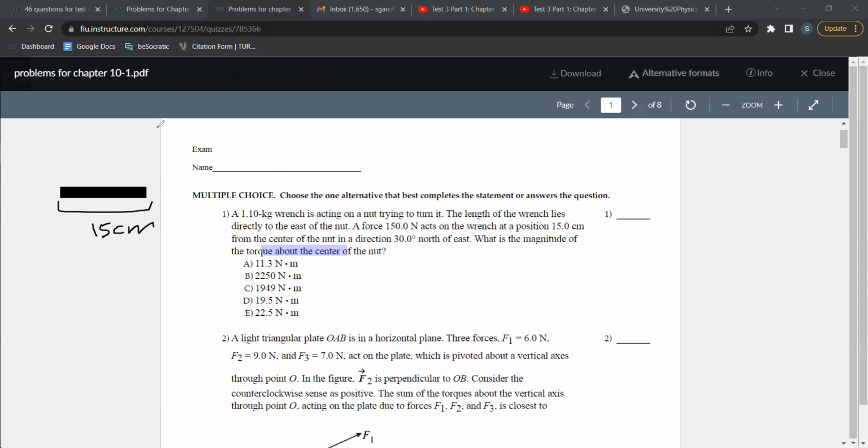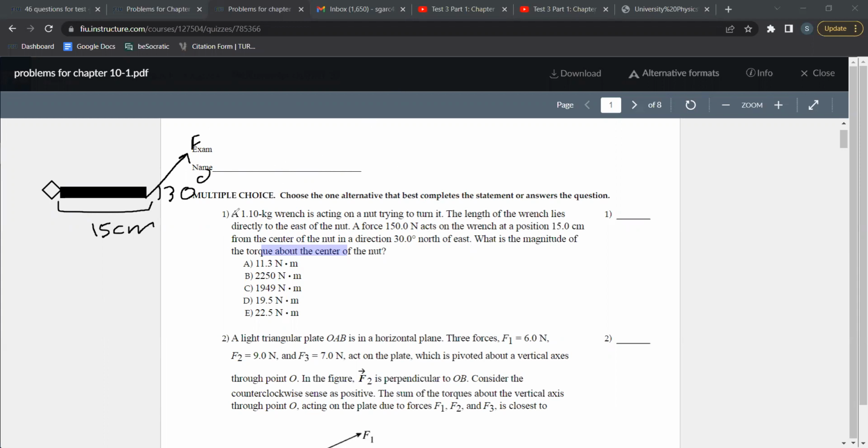And then our nut is right here. Pretend this is our nut, right? That we're acting on. There happens to be a force acting upon the wrench in this direction. And it has an angle of 30 degrees, right? Because the wrench is east of the nut, and the force goes 30 degrees northeast. All right, so what is the magnitude of the torque?